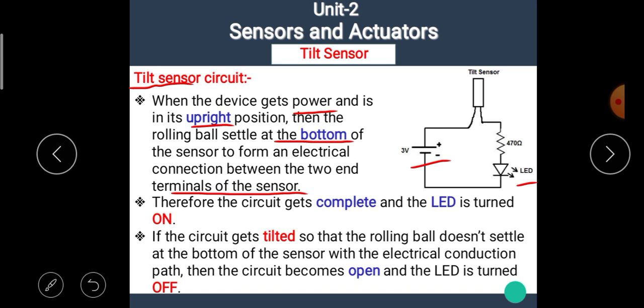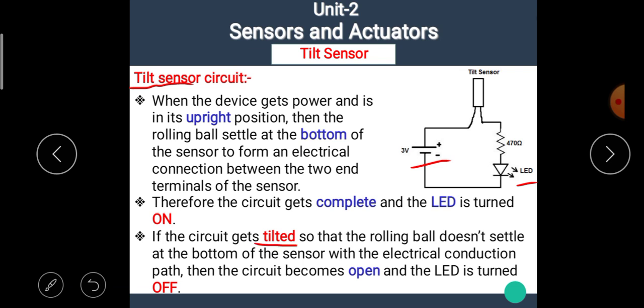That means when the sensor is in upright position, the ball in the sensor makes a connection between the VCC and the LED. Therefore, the circuit gets completed and the LED is turned on in this position.